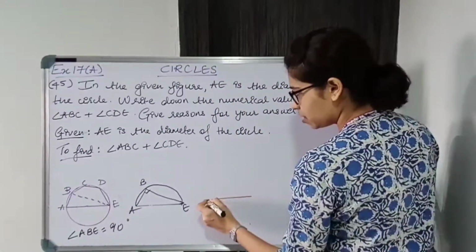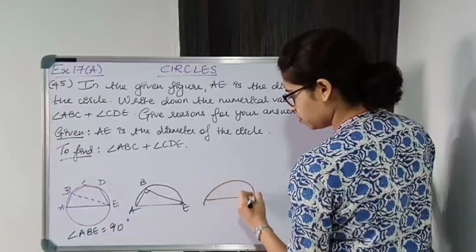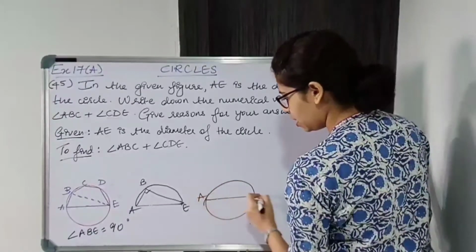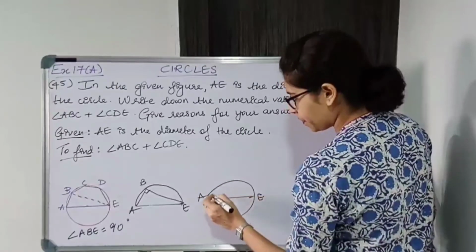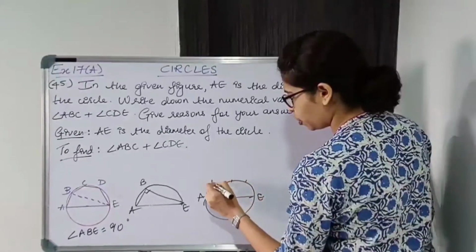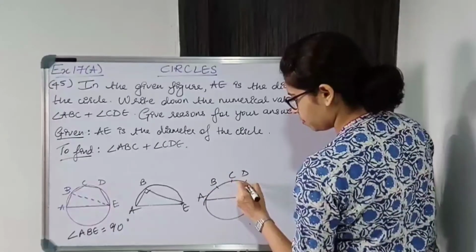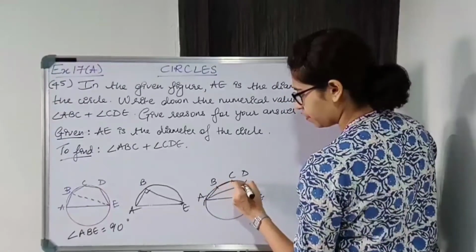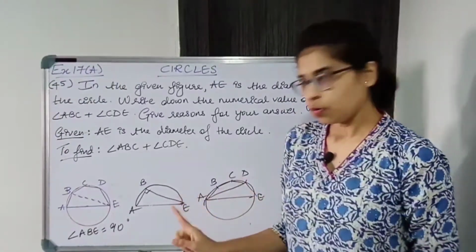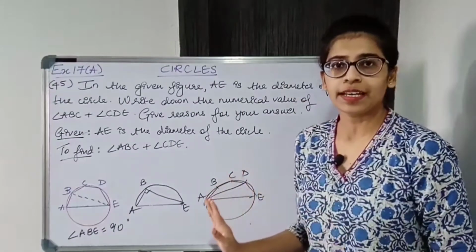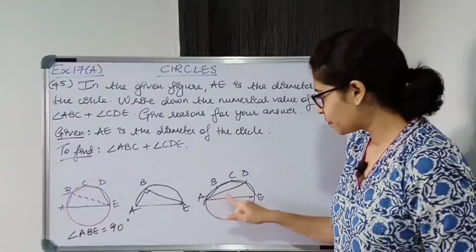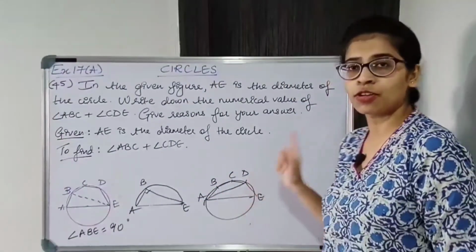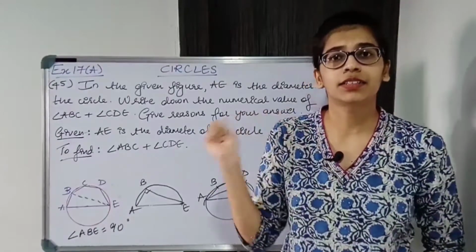You have this circle. Okay, A is there, E is there, and B, C, D are the points. So you can join this also. Now ADE will also form a right angle, correct, because it is the angle subtended on the circumference by the diameter.